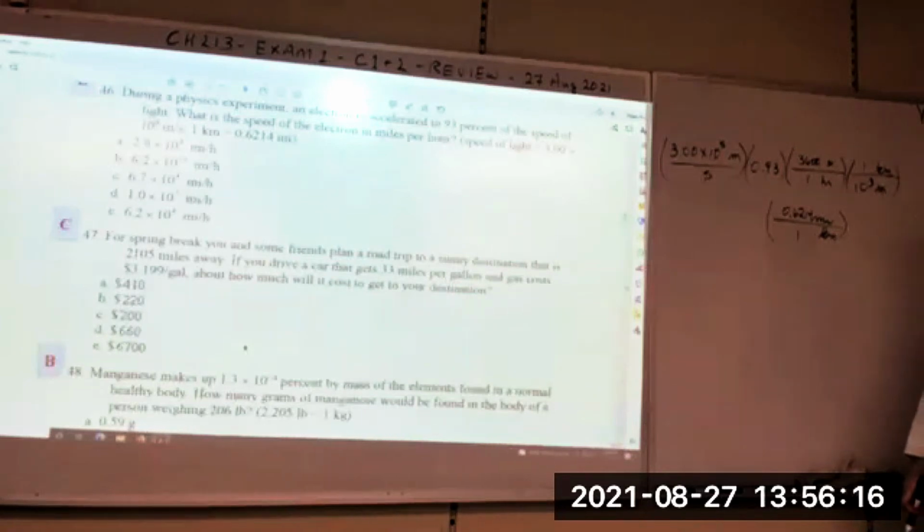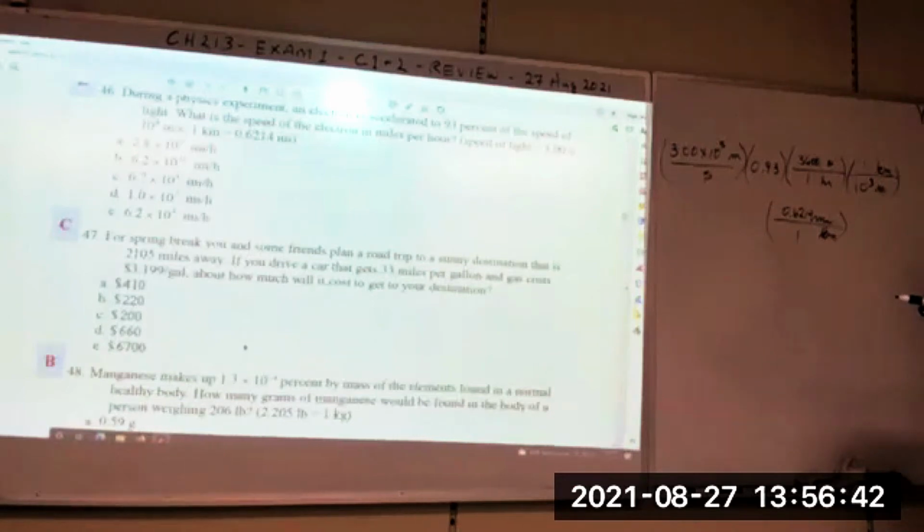You want to do that? Sometimes doing this, I find mistakes in my own documents. So 3, you have to know how to do exponents in your calculator. 3 exponent 8. And then 0.93. And a 3600.